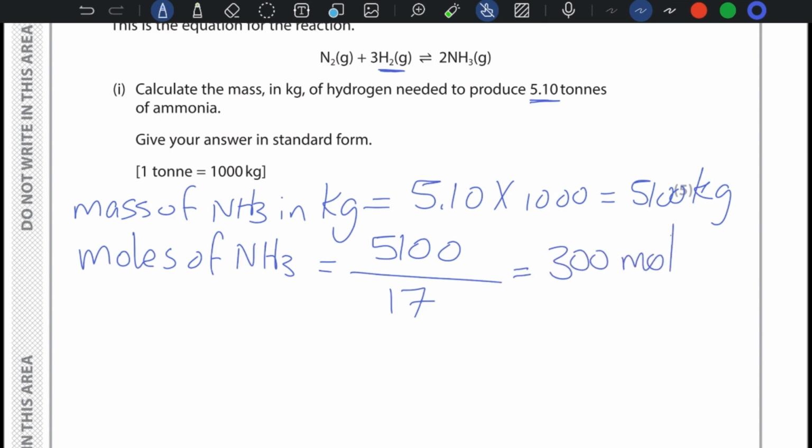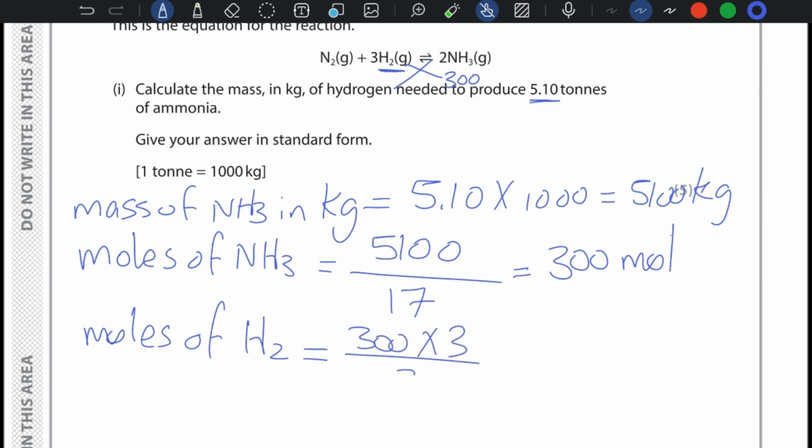Now you have to calculate the number of moles of hydrogen from the equation. As you can see, we have 3 moles of hydrogen gives 2 moles of ammonia, so 300 moles of ammonia, just cross multiplication. So moles of hydrogen is equal to 300 times 3 divided by 2 is equal to 450 moles.